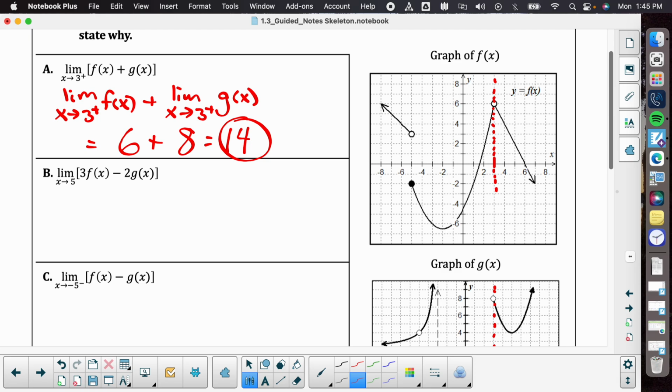I think what you're asking is, do you have to write limit twice, possibly? Yes. If I'm taking the original function and showing the property that says I can evaluate them separately, that's how I would write it. I don't have an actual equation to write, so I just rewrite f of x, g of x. And once you find the answer, you just write a number in place of the limit. How I wrote it up there is the official way to write it.